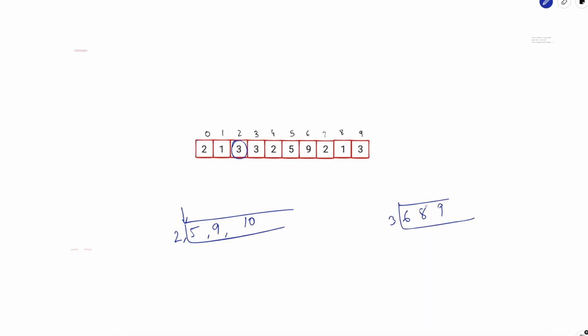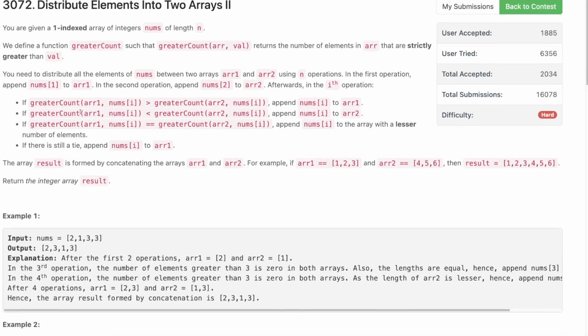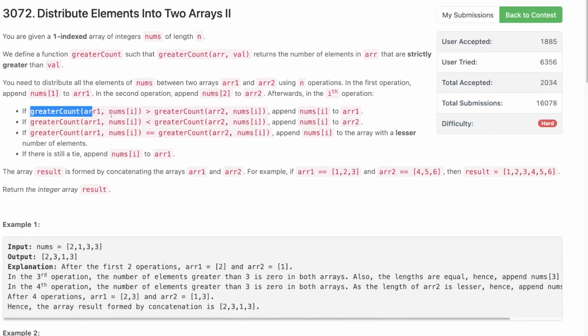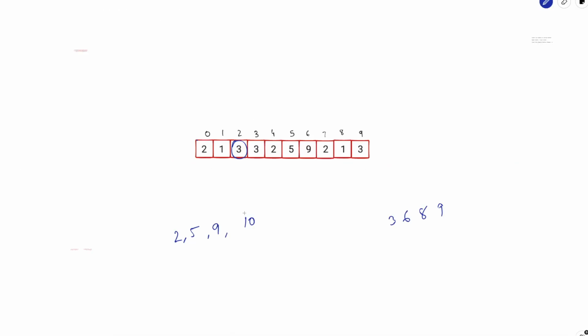So now figuring out the value of greaterCount of array 1 and array 2 for nums[i] is just an order log n operation, right? In just log n time you are now able to figure out how many elements are greater than a particular element. Now, let's say you decide you need to push the element into this array.